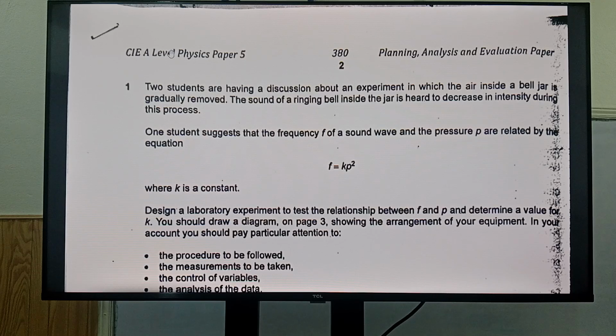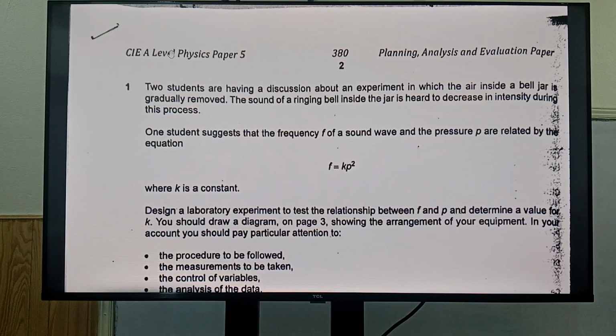One student suggests that the frequency f of a sound wave and the pressure P are related by the equation f = kP², where k is a constant. So you are required to design a laboratory experiment to test this relationship.